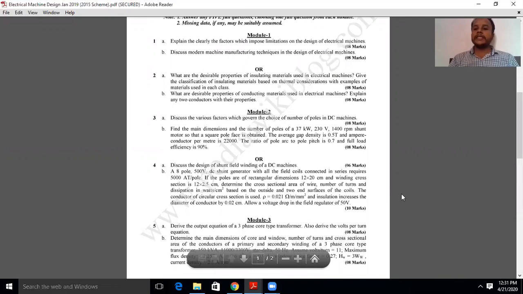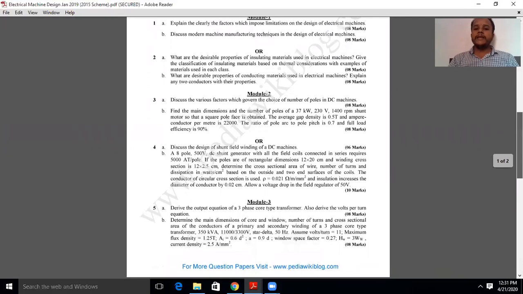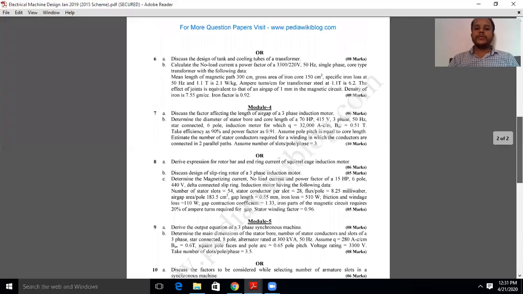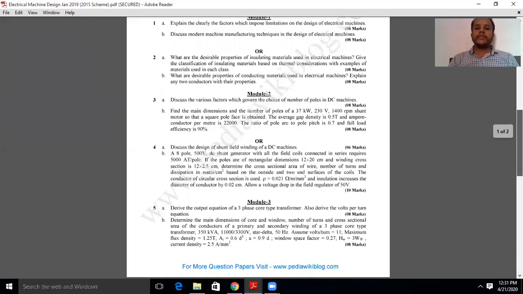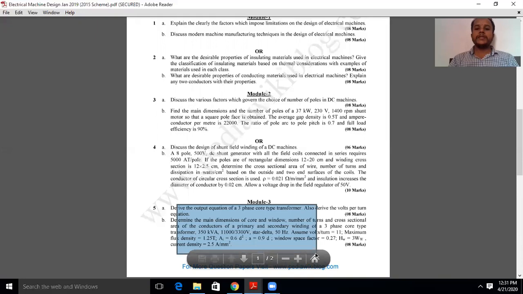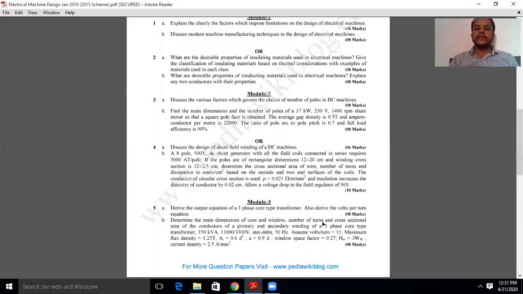So this is the example we have solved. The three main points are asked here. So here, main dimensions of the core, window, number of turns, cross-sectional area of the conductor, primary. These are the two questions.